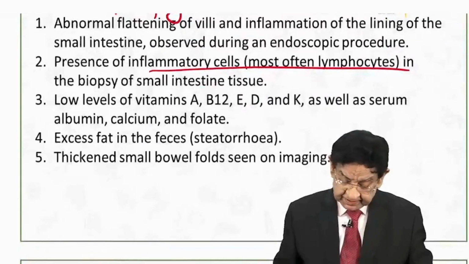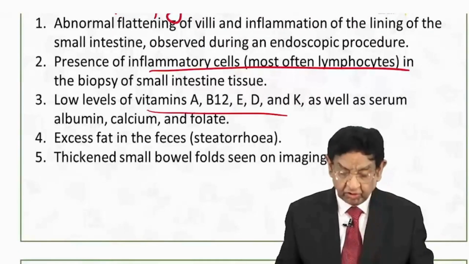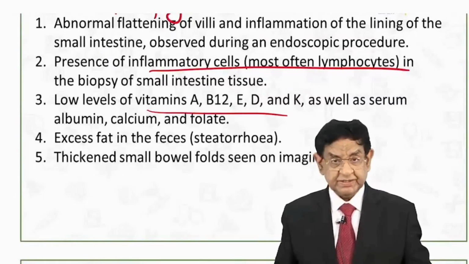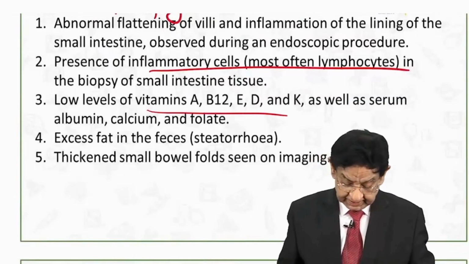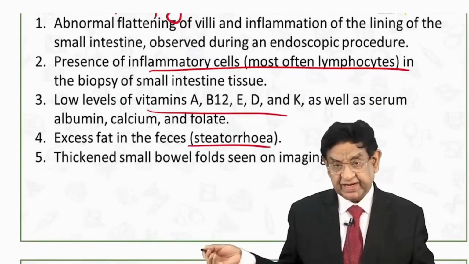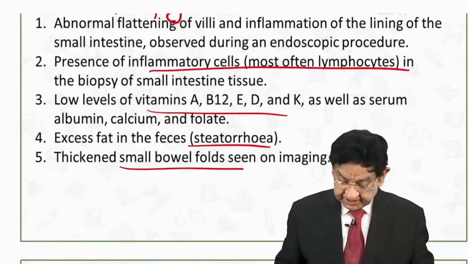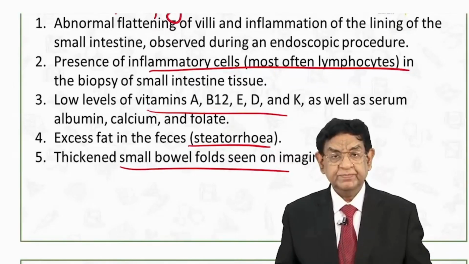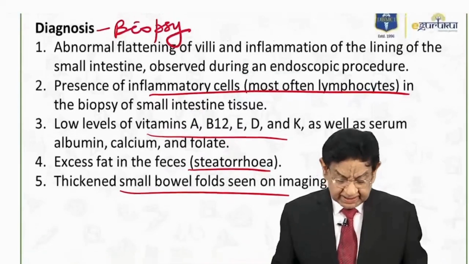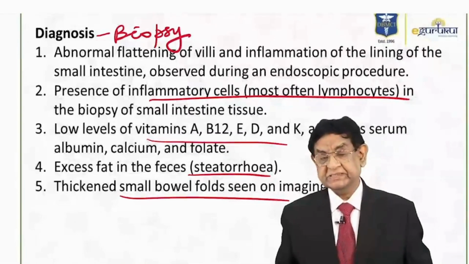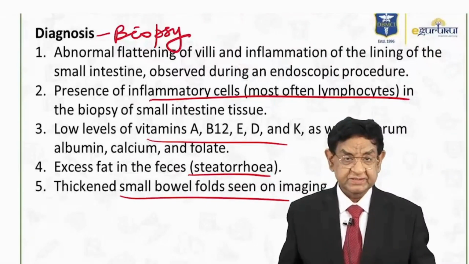And there will be deficiency of all the vitamins. I don't think I need to repeat again. Steatorrhea, excess fat will be there. Thickened mucosal folds on imaging. So by and large, everything is the same as celiac disease.